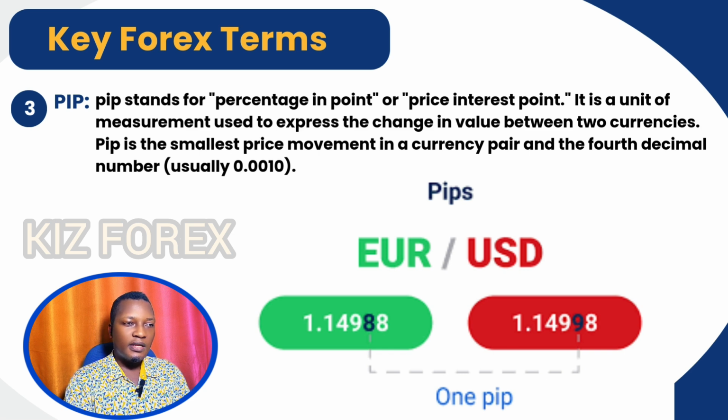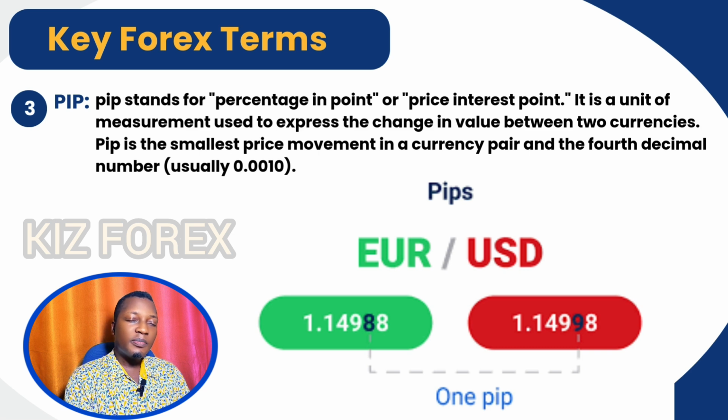So the change in the price movement of the two currencies being quoted is what we regard as the pip. In the currency quote, it's usually the fourth decimal point. So the difference between the two currencies at the fourth decimal is what the pip is.